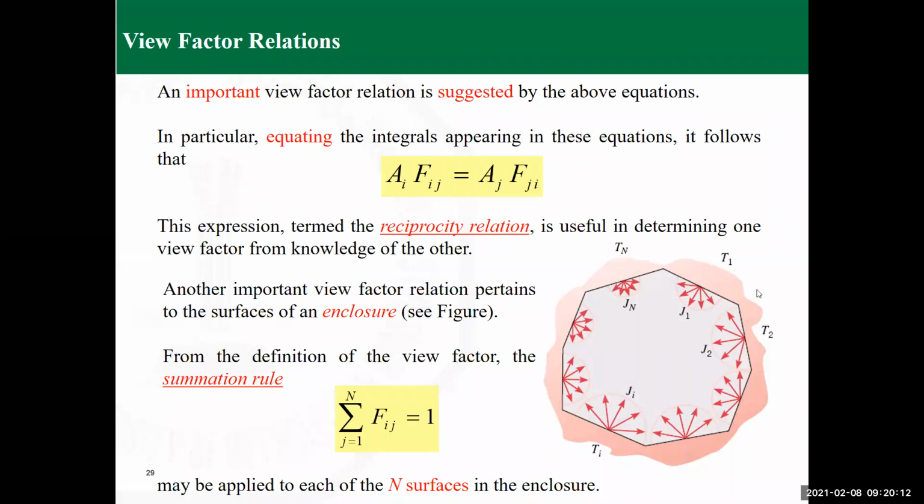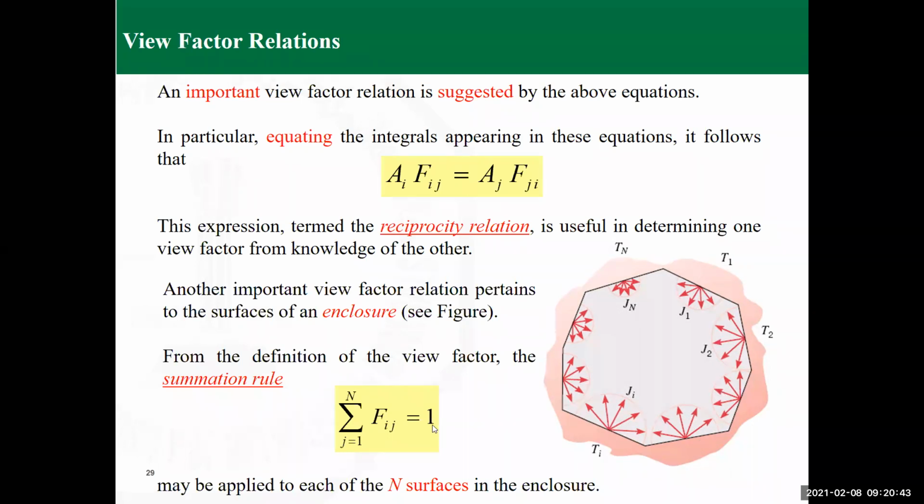Whatever is leaving surface number 1, part of it will fall on 2, part on 3, part on 4, part on 5, part on 6, part on N. These are all fractions that sum up to the total radiation leaving surface 1, which is a value of 1 as a ratio. So the summation of radiation leaving one surface and going to all the surrounding surfaces is equal to 1.